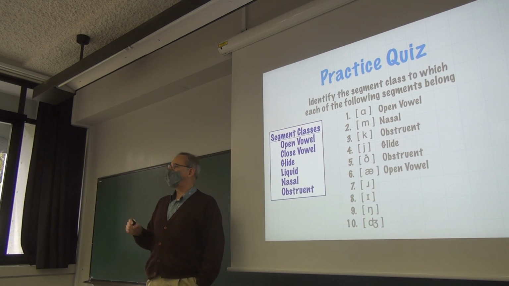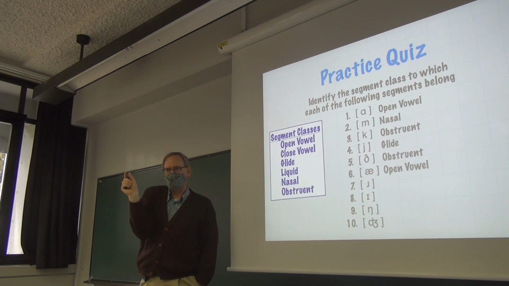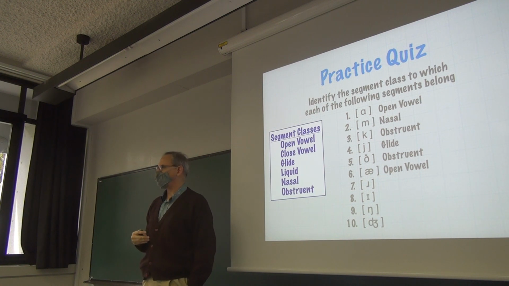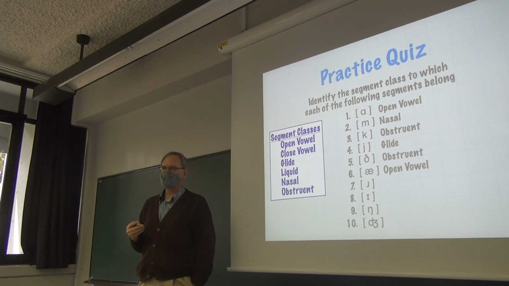Number 7, r. Now, you'll notice that the r is turned upside down. We'll come back to this later, but that's the IPA symbol for the r sound in English. There are many languages in the world that have r-like sounds, but it's much more common for languages to have a trilled pronunciation.